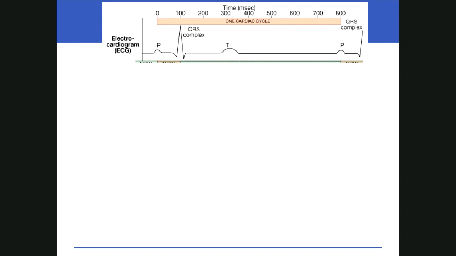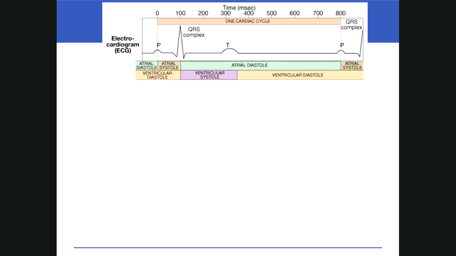So right here is where the atria are going to contract. Right here is where the ventricles are going to contract. And so look, all we did was put that on there. There's atrial contraction right there. And there's ventricular contraction right there. Does that make sense now?